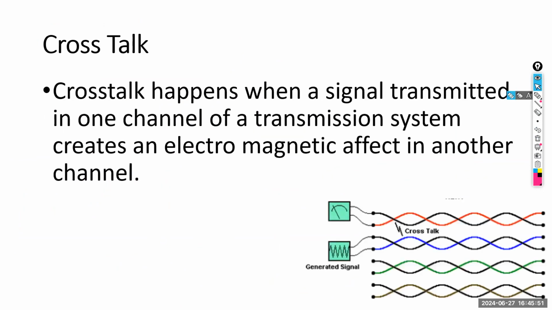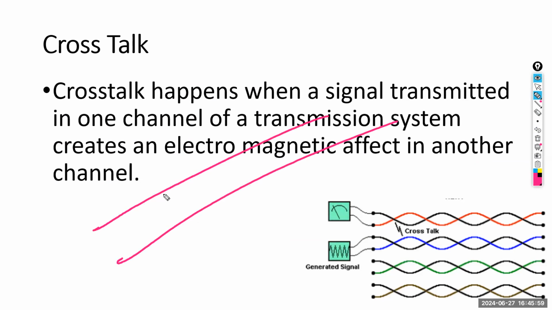So the next one is crosstalk. So as I told you, if you take a channel, it is usually not just one signal we send in a channel. Right. For example, if you take your telecom cables, maybe you are living in a particular street or road, maybe thousands of people using that line.